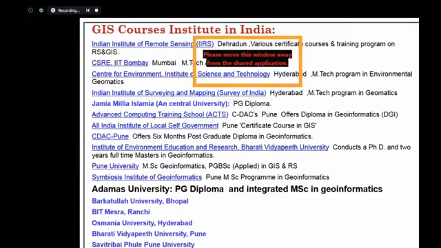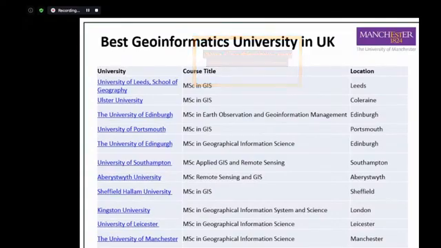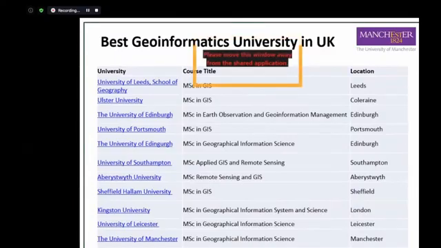These are the prominent universities in the UK for geoinformatics: University of Leeds, University of Manchester, Edinburgh, Potsdam University, Southampton, Sheffield University, Kingston University, Manchester. These are the prominent universities providing masters and higher studies in geoinformatics.